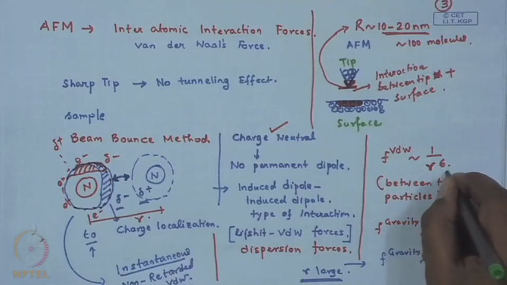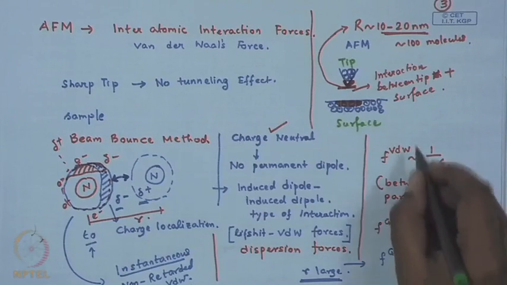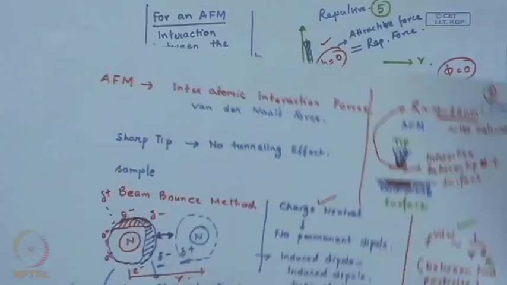This type of induced dipole interaction is known as the Lifshitz van der Waals force, or the van der Waals force. There can be other types of interaction as well, such as permanent dipole or permanent dipole induced dipole type interaction, but we are not going into those details. What we agreed is that this attraction between two fundamental particles scales as 1 by r to the power 6, and in comparison to gravity, at the nanoscale these forces dominate a lot.